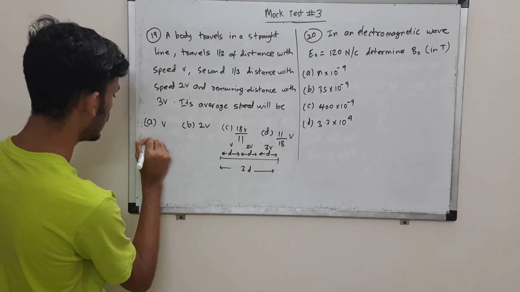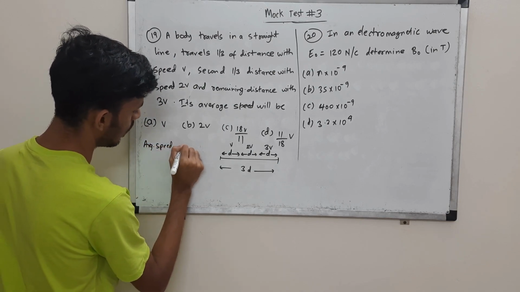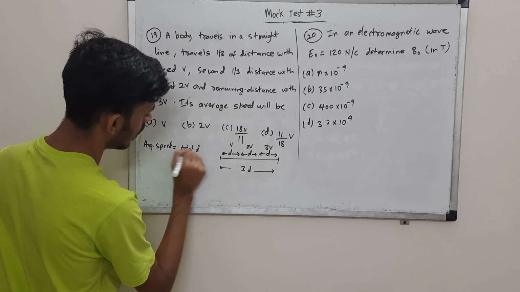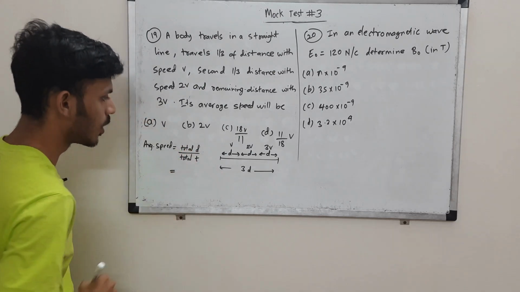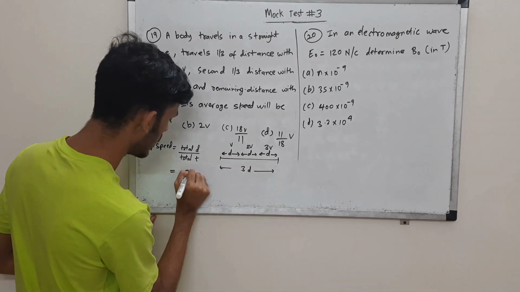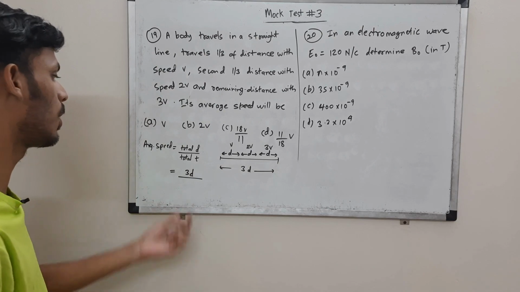Average speed is basically the total distance upon the total time taken. The total distance of the journey is 3d. What about the time?